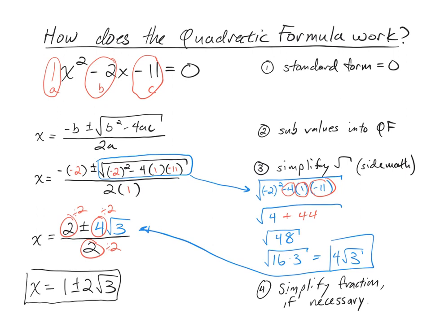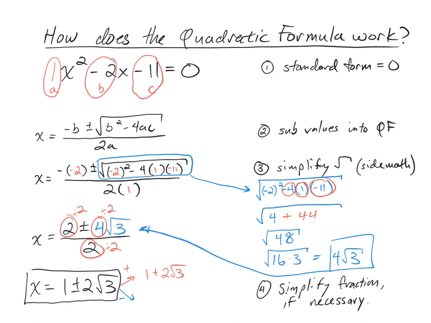And just for a little bit of foreshadowing, this plus or minus here, this means there are 2 answers. One version is positive and one version is negative. So the positive version would look something like this, 1 plus 2 square root of 3.